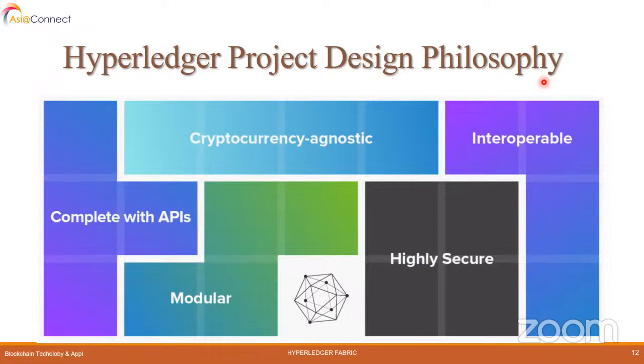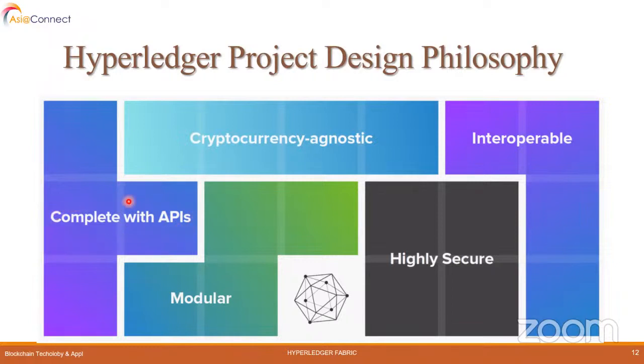So the first thing that comes to mind in enterprise level blockchain is, why do we need cryptocurrency? So it is cryptocurrency agnostic. One doesn't require a cryptocurrency in your wallet to operate on a blockchain network.